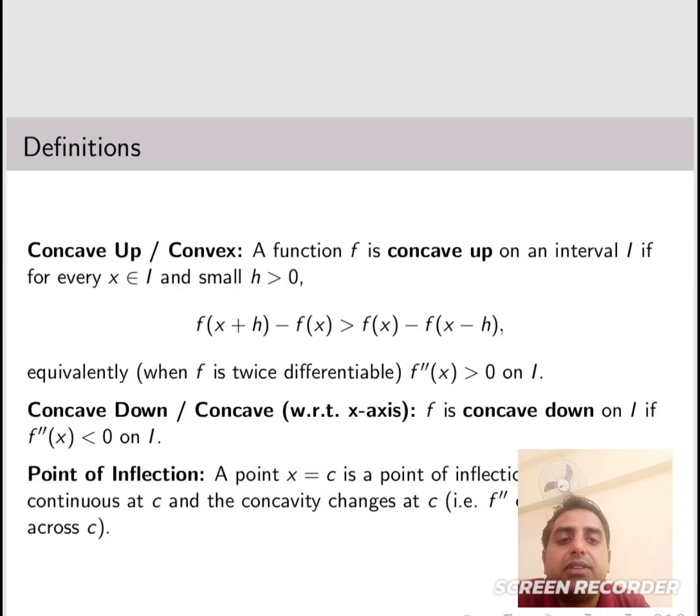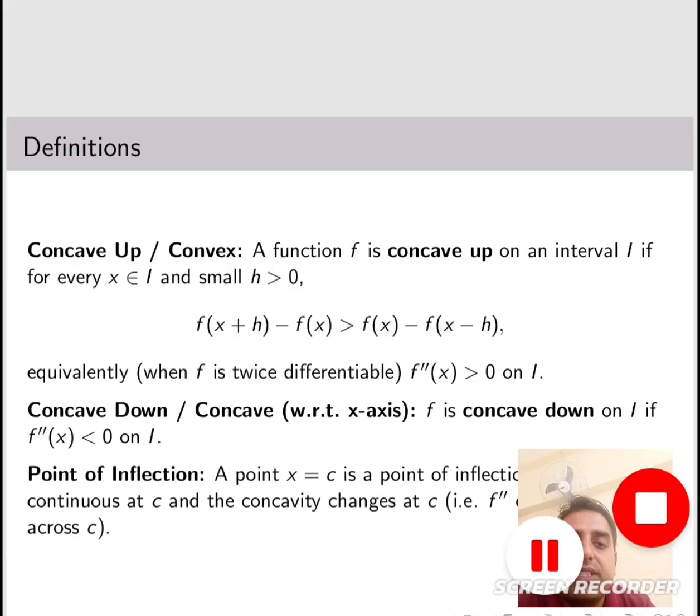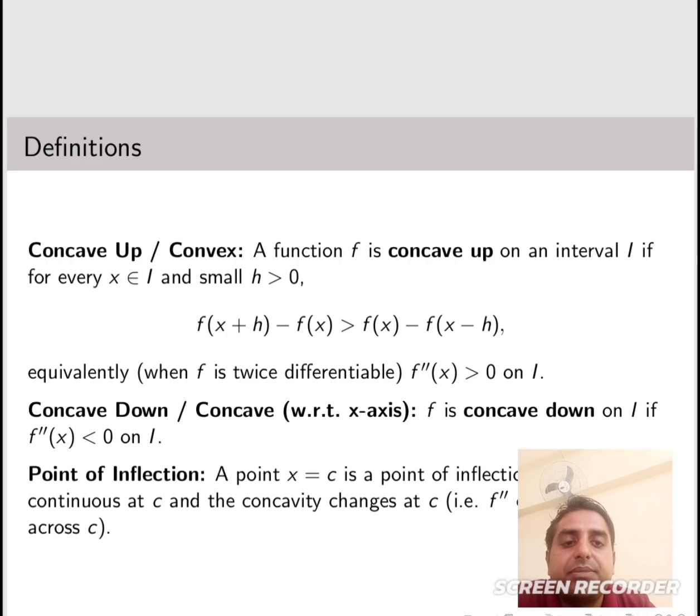Another definition you can state like this also: concave up means convex. A function f is concave up on an interval I if for every x belonging to I and small h greater than 0, f of x plus h minus f of x is greater than f of x minus f of x minus h.